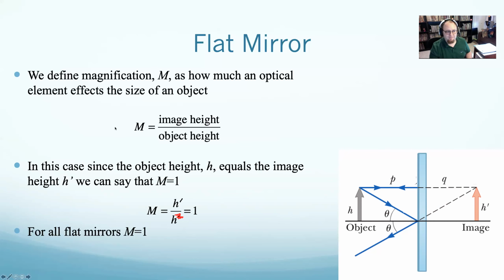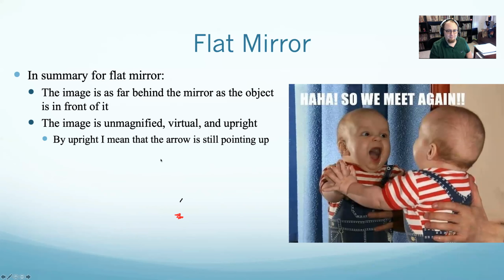So in summary, for a flat mirror, the image is as far behind the mirror as the object is in front of it. The image is unmagnified because M equals 1. Often for mirrors, we'll talk about whether something is magnified or reduced, whether it looks bigger or smaller, but for a flat mirror, it's unmagnified. It looks the same size as it originally was. It'll be virtual because you cannot focus it on a screen.